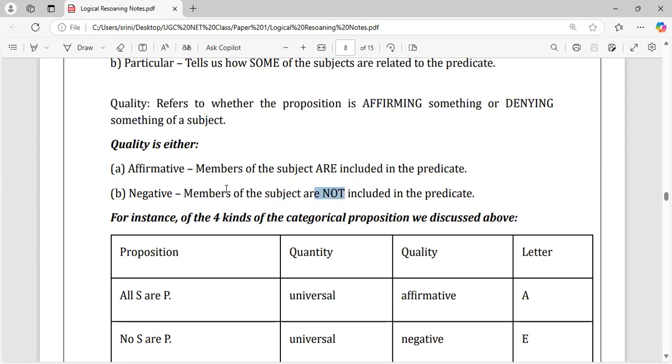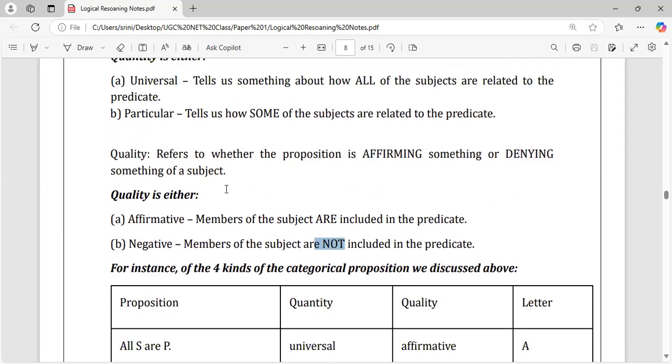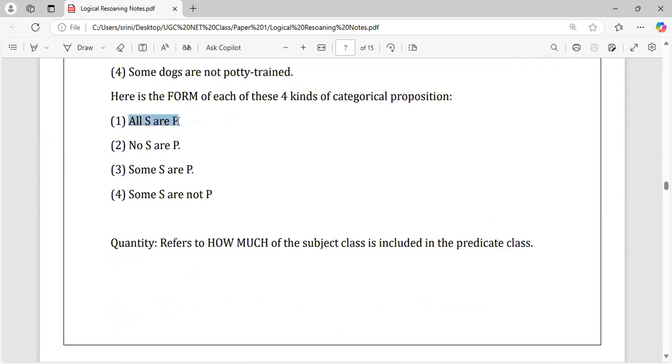So quantity means all, no, some. Quality is either are or are not. Here I can say that for all S are P, the quantity is universal and the quality is affirmative.